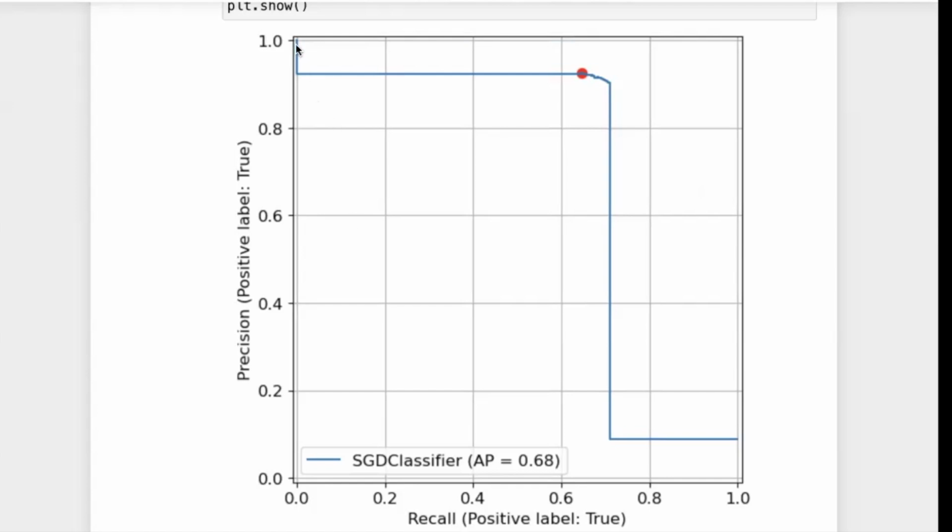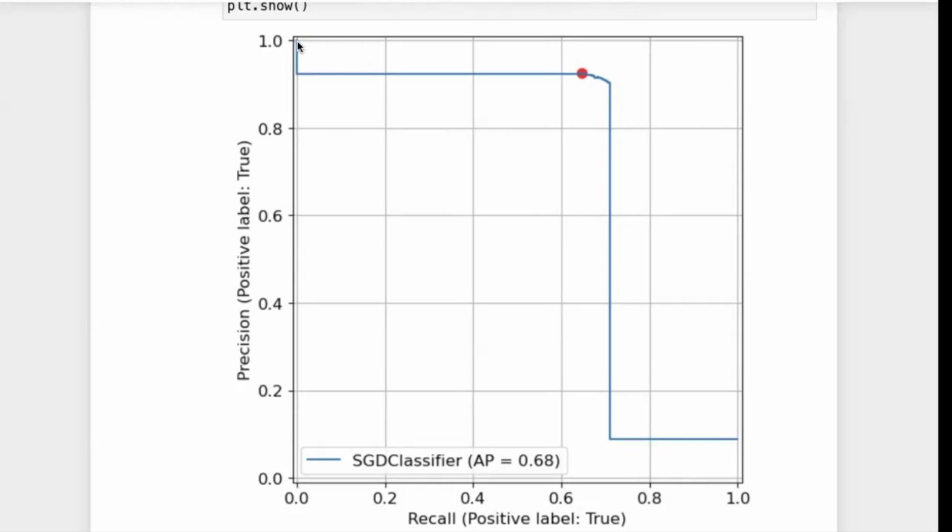So you can see the trade-off here, right? At some point, precision is really, really high, but recall is very close to zero, which is here. And this happens for a while. And then we have this drop. So precision's now going to be closer to zero, and the recall value is going to be closer and closer to one.